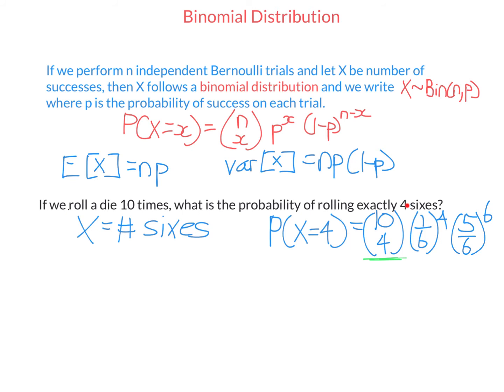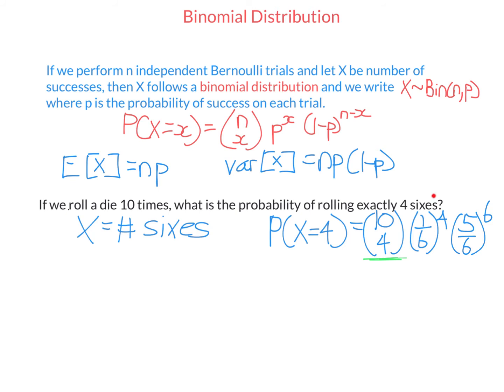You could roll 4 6s in a row, and then the next 6 trials are not 6. You could roll the first 6 trials I don't get a 6, and then the next 4 trials I do get a 6. This number here actually tells us the number of those possible combinations. So here, each combination is a possible way of getting 4 6s.